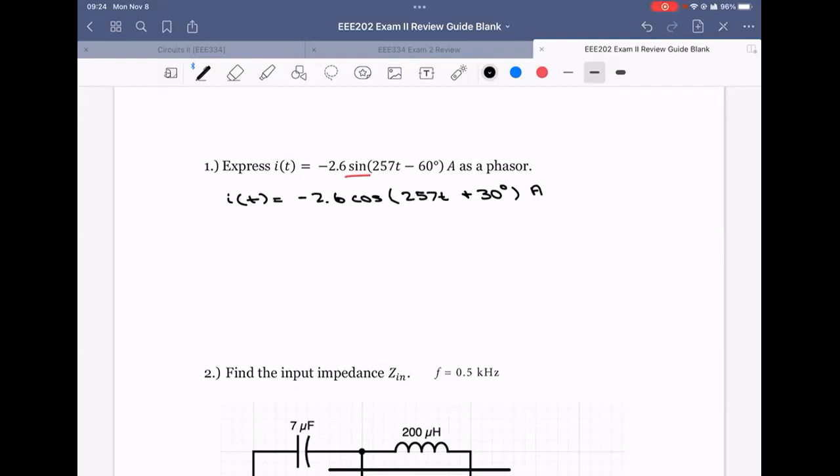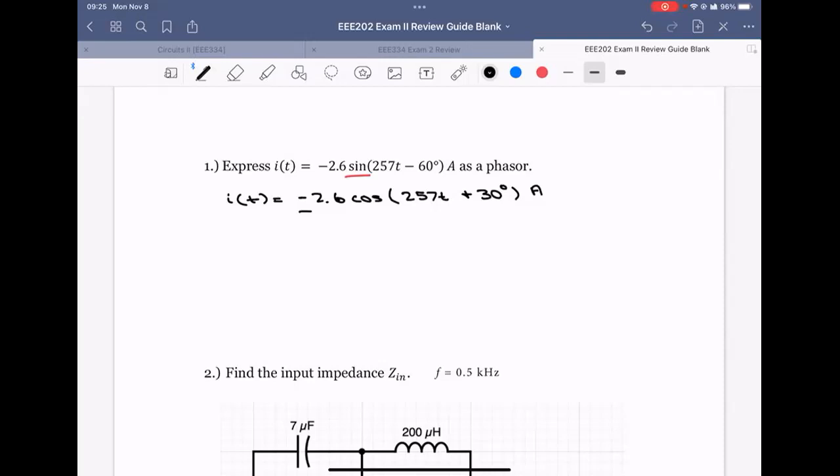Now the next thing I would check is the magnitude. The magnitude of this is negative, and we do not want our magnitudes to be negative. We need them to be positive. The angle could be negative, the magnitude cannot. To change that, it's also a similar angle change: you can add or subtract 180 degrees.